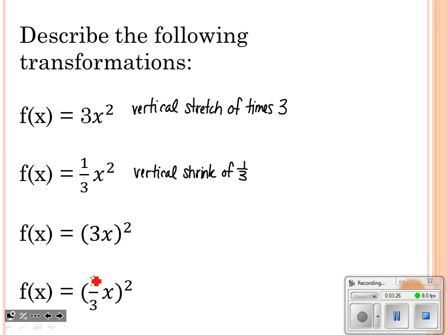The third one on the page, now our multiplier, notice, is attached to the x part of the function only. It's inside there on the x. That is what results in a horizontal shrink.